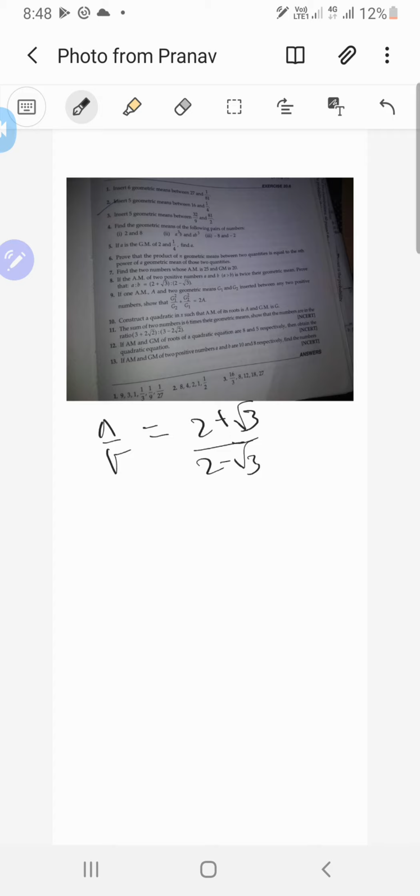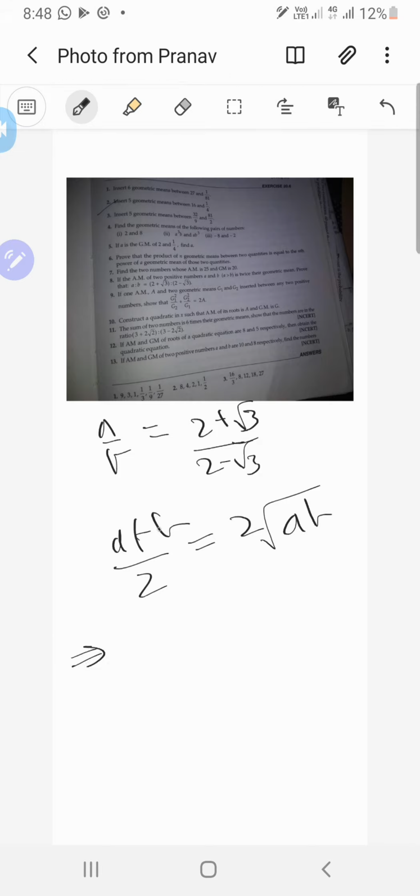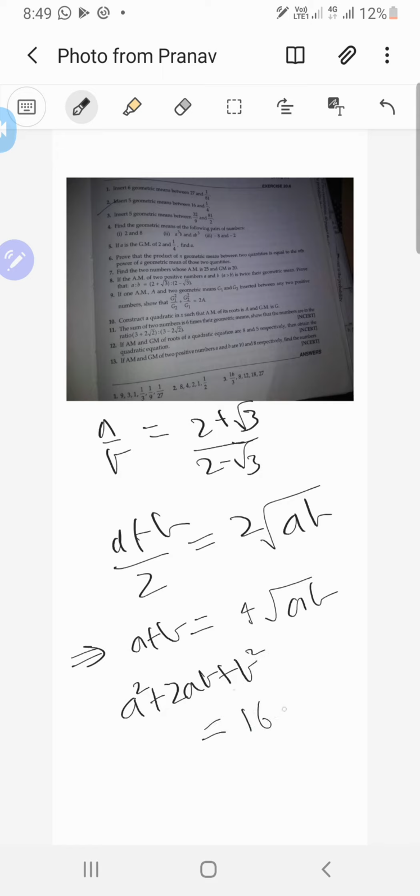First of all, you have that their arithmetic mean, which is a plus b upon 2, is twice their geometric mean, which is the square root of ab. That means that you have a plus b is equal to 4 square root of ab. Let's just square these, right? So a squared plus 2ab plus b squared is equal to 16ab.